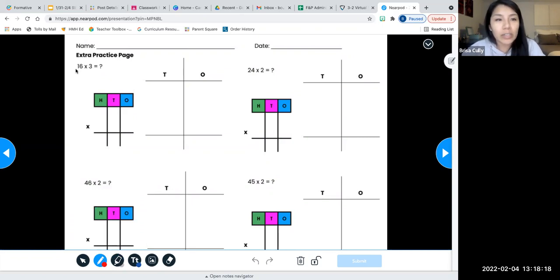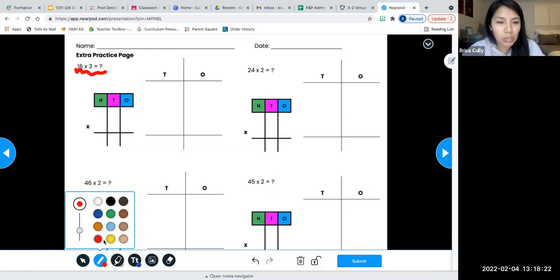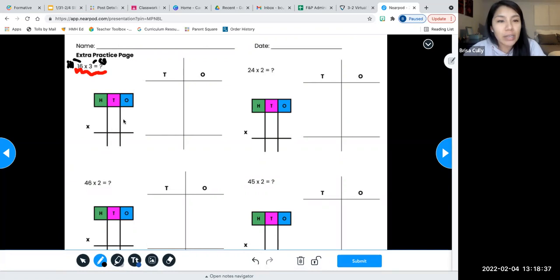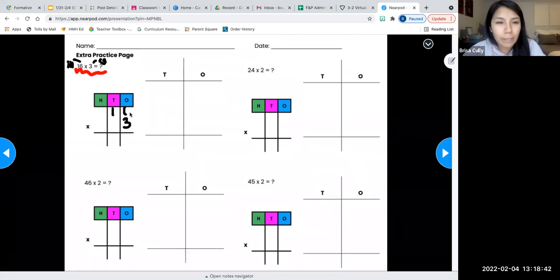So first, you're gonna read the fact, 16 times 3. And I know a lot of you are really good about labeling what is the groups, what is in each. So that says, this is supposed to be the letter G, making sure you're writing the vertical form properly.